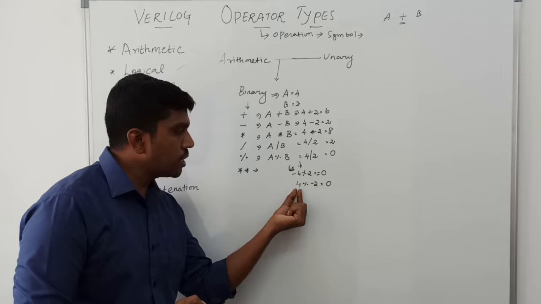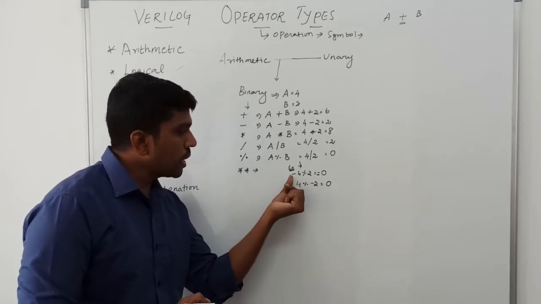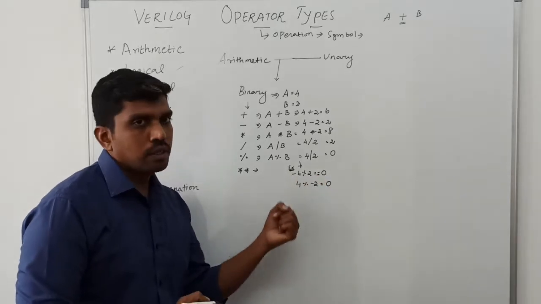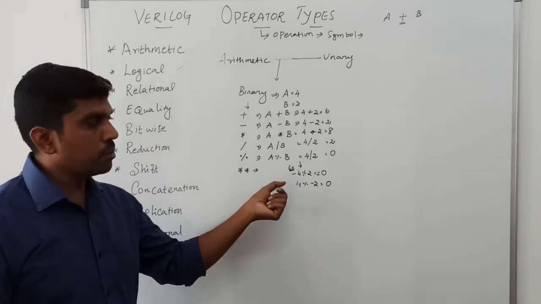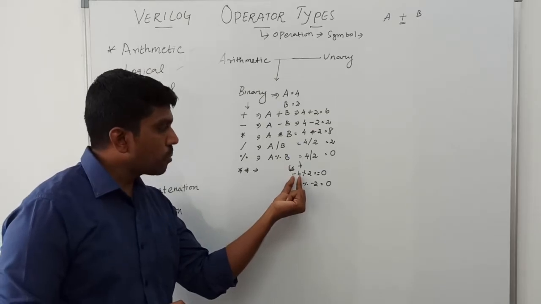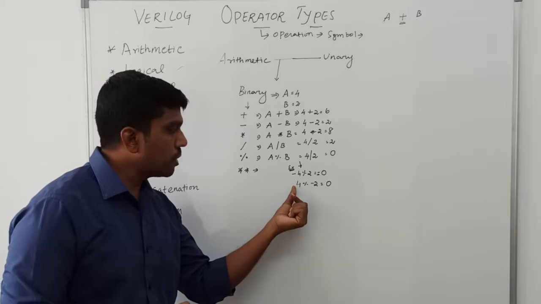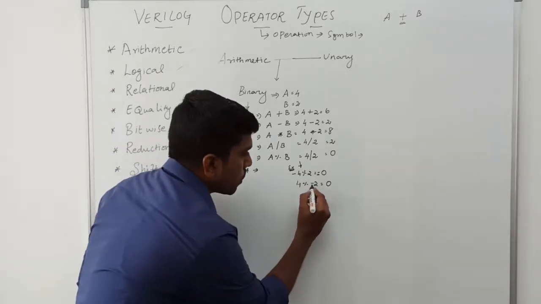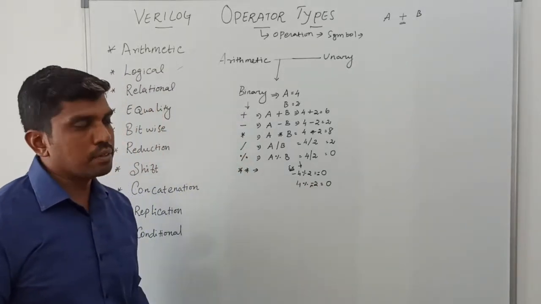If the first operand sign is positive, the result is positive. If the first operand sign is negative, the result of the calculation is also negative. Remember this concept. In modulo division, if the first operand value is negative, the result is also negative. If the first operand is positive but the second operand is negative, you ignore the sign of the second operand and only consider the first operand's sign.